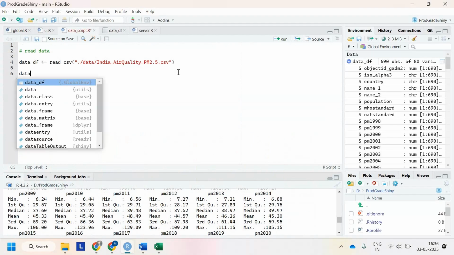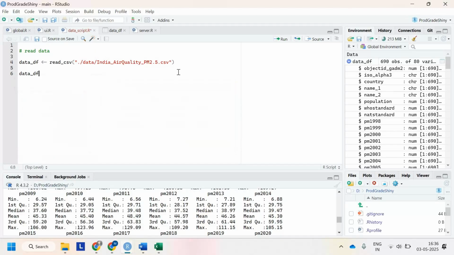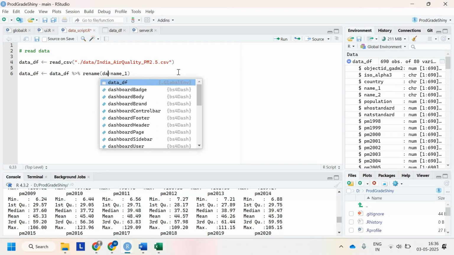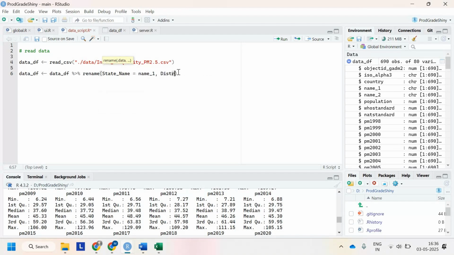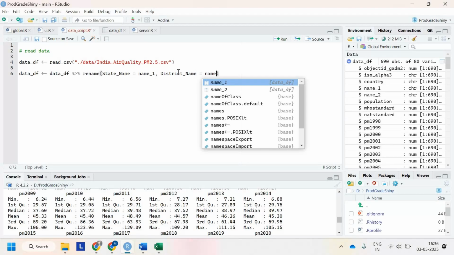So let's rename some of the names in a column. There is a function called rename in dplyr. So you can rename that: name 1 is basically the country, name 2 is the state, and the third is the district.